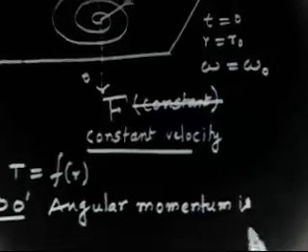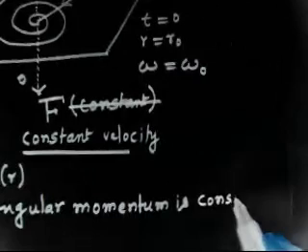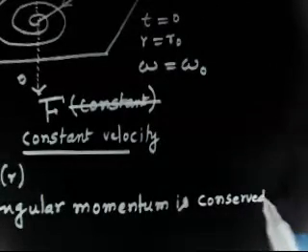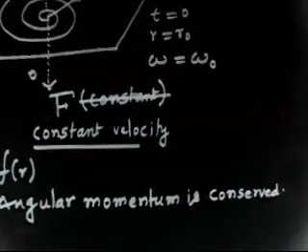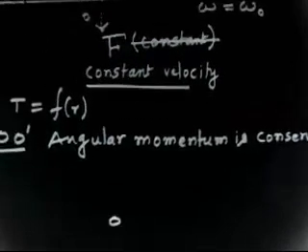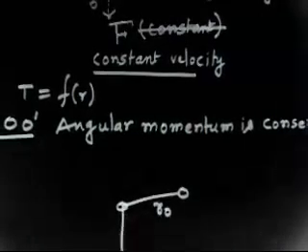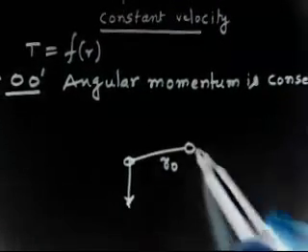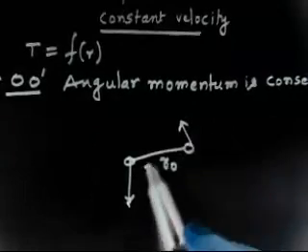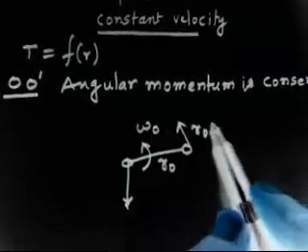So about OO dash, angular momentum is conserved. Initially the object is moving at radius R0 with angular velocity omega naught, so the linear velocity will be R0 omega naught.